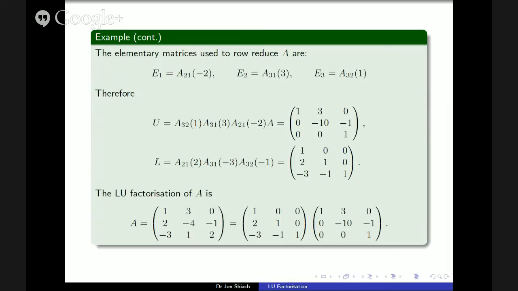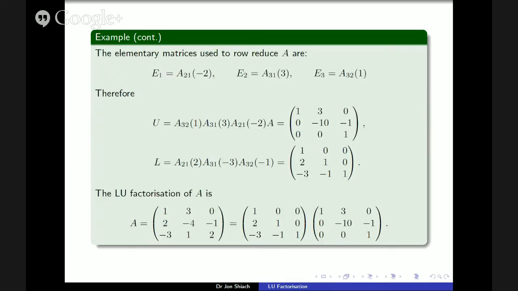If you want to know whether you got it right, just multiply L and U together. So if I do that, the top row is just going to be 2, 3 because I multiply by 1 and 0.